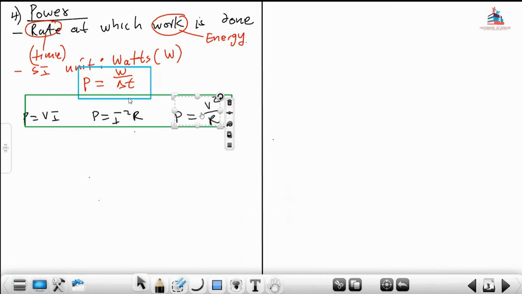So as long as we don't know which equation will be applicable to us, everything that we are going to do will now become a mess. So all these three equations are important, including the one in the blue box.